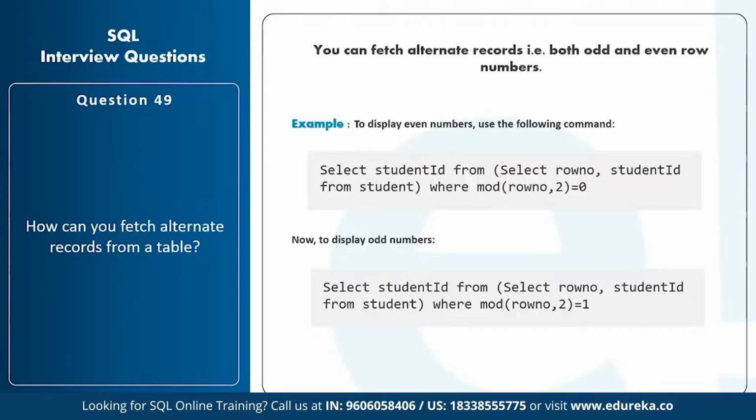When you divide the row number by 2 and get the remainder as 0, that particular row number would be an even number. Similarly, if you get a remainder of 1, then that row number would be an odd number. That's how you can segregate the alternate records. You just have to mention the condition mod(row number, 2) equal to 0 for even, and mod(row number, 2) equal to 1 for odd.